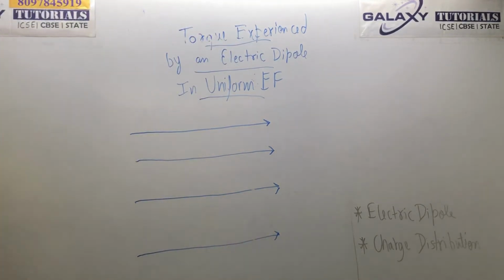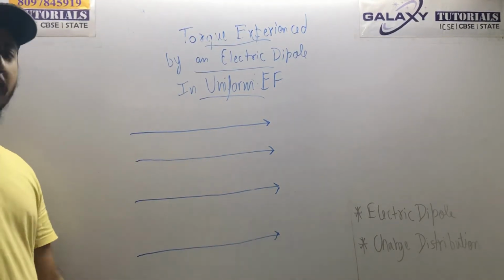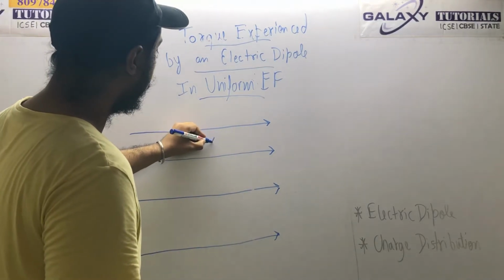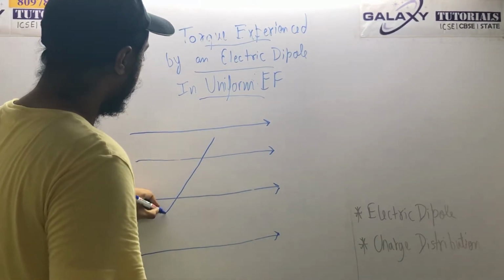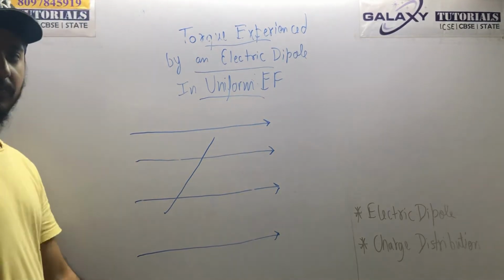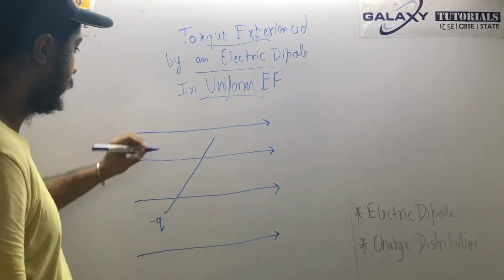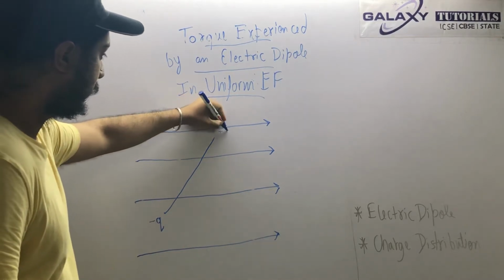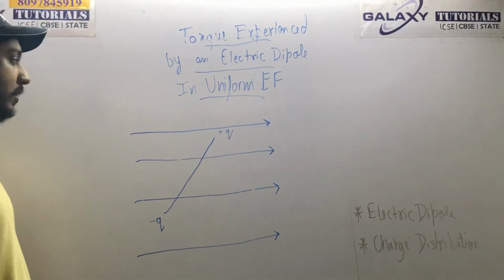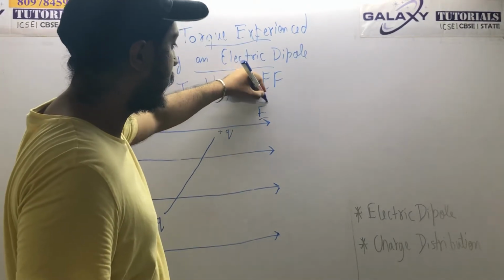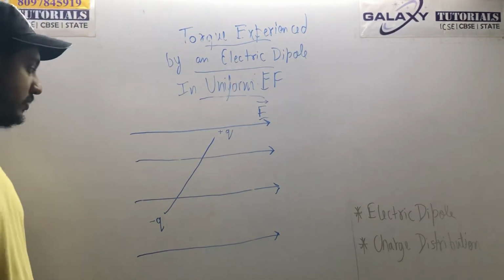Let's say this is a uniform electric field. Now, as I have told you, we have kept an electric dipole. This dipole will be minus q, plus q, and the strength of the electric field intensity is E. I hope this diagram is clear.